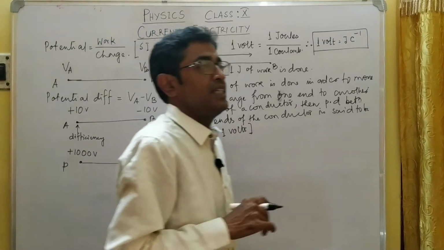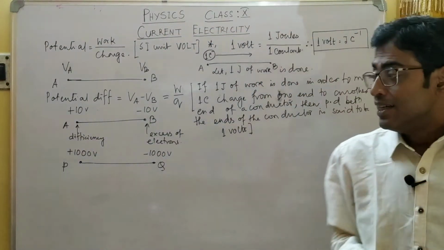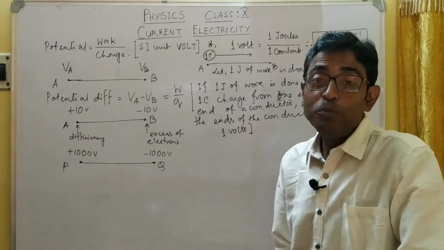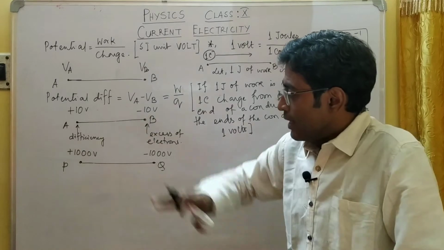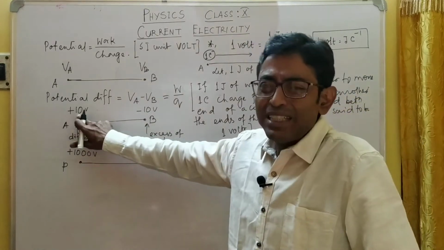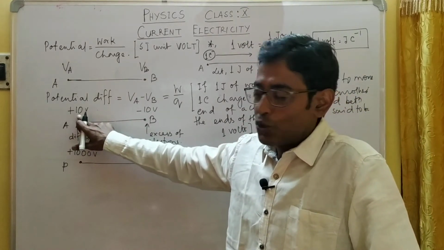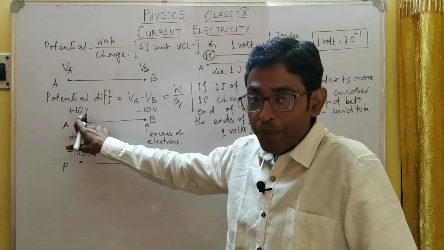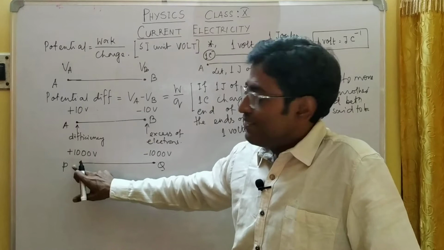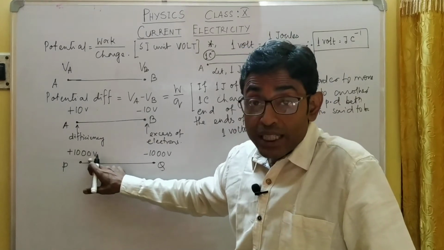Now my question is, in which case the flow of electron will be greater, here or here? See, here is a deficiency of, let us assume, 10 electrons, and here is an excess of 10 electrons, so electrons will flow from here to here. But here the deficiency is of 1000 electrons.